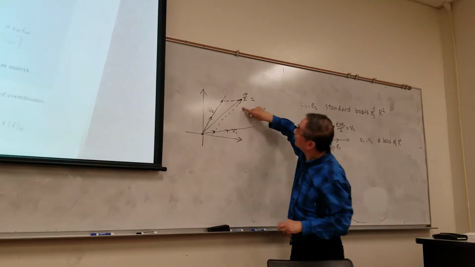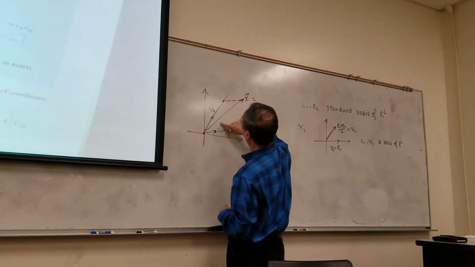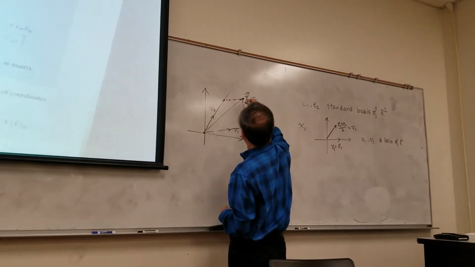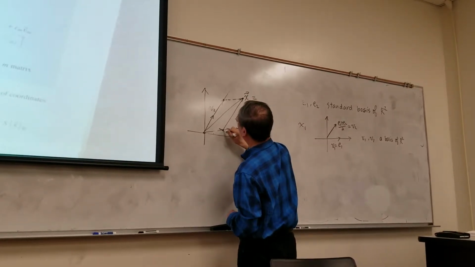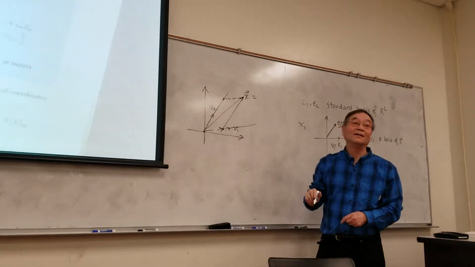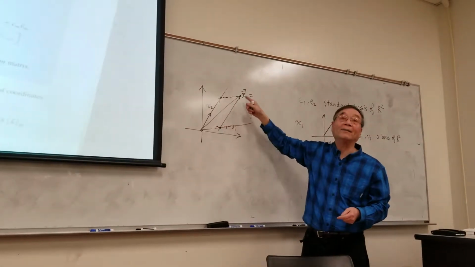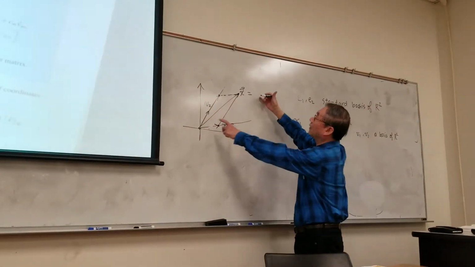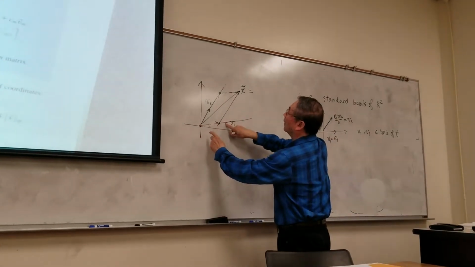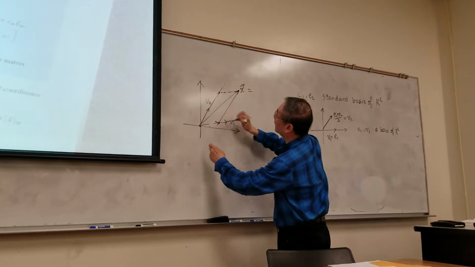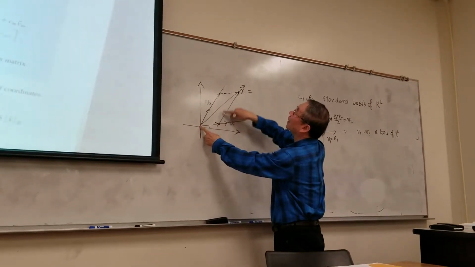So this is not a very parallel line, right? So this is more parallel, right? So you can see this is a parallelogram. So x is, by the parallelogram principle, this vector plus that vector.